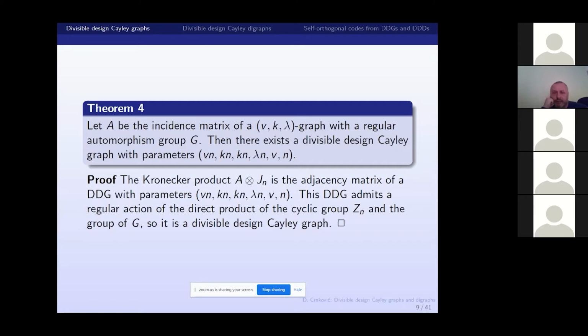And also it is obvious from the construction that this DDG admits a regular action of the direct product of the cyclic group of order n and the group G, which acts regularly on the graph that we started with. And again, by the Sabidussi theorem, this is a Cayley graph.